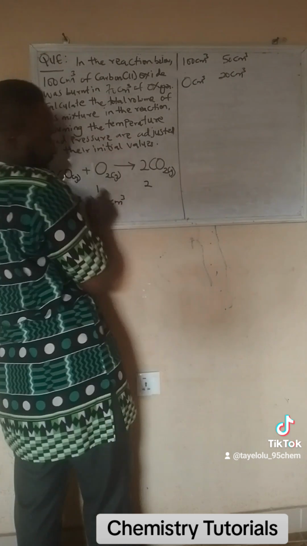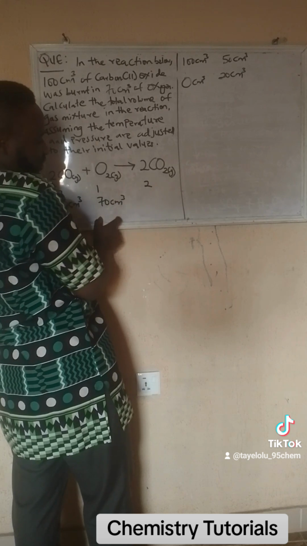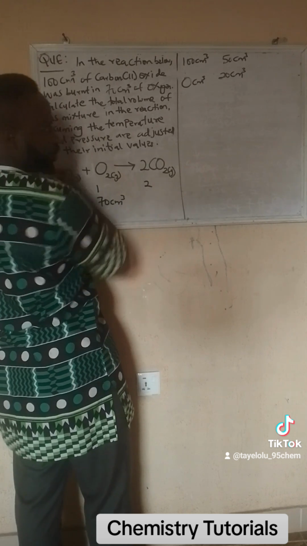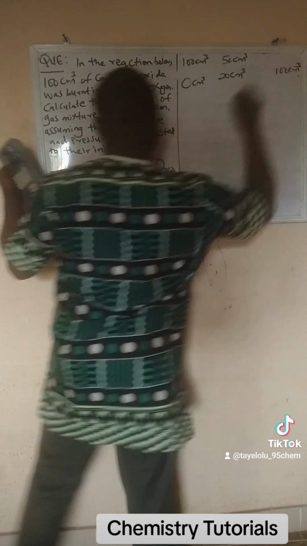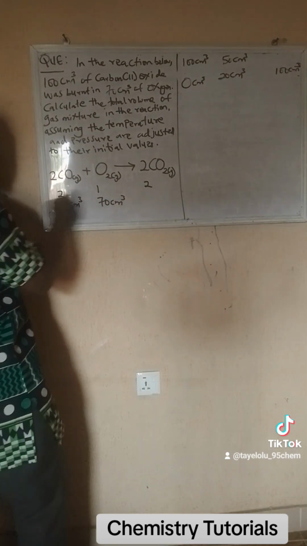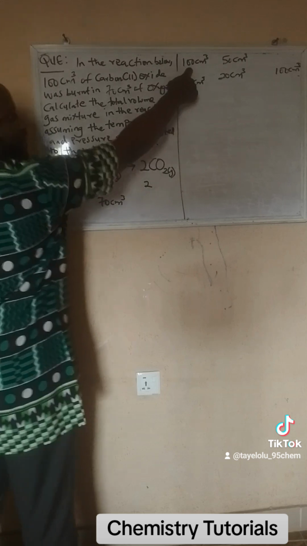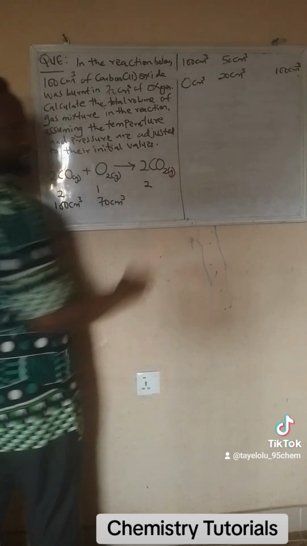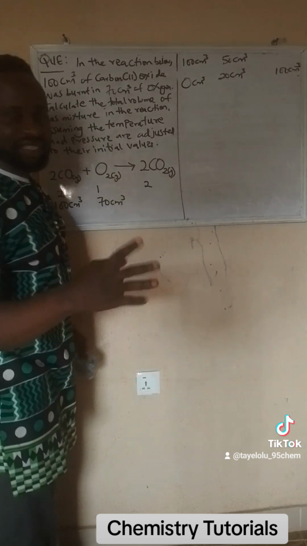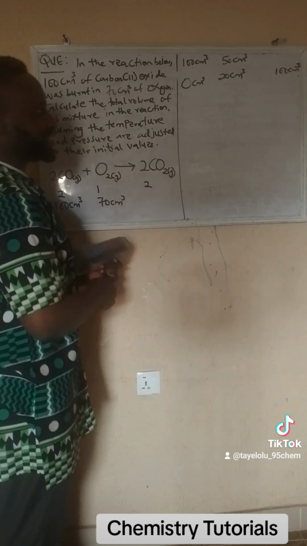So from the concept of 1:2, if 50 cm³ participated, it means it will produce what? 100 cm³. And if you like, you can use that of carbon(II) oxide as well. 2:2. 100 cm³ participated during the reaction, definitely to form 100 cm³ still. Any of the reactants relating to the product will give you the exact volume.